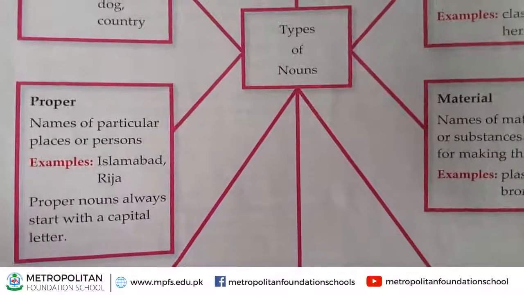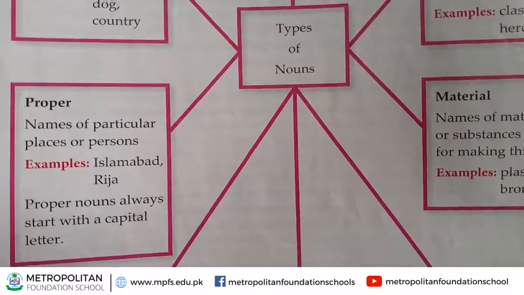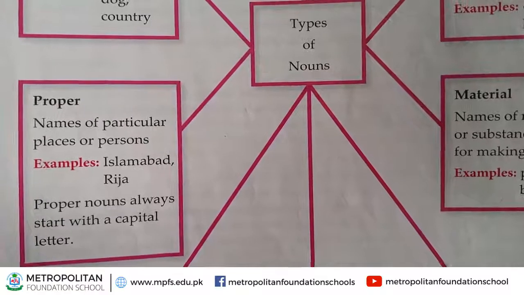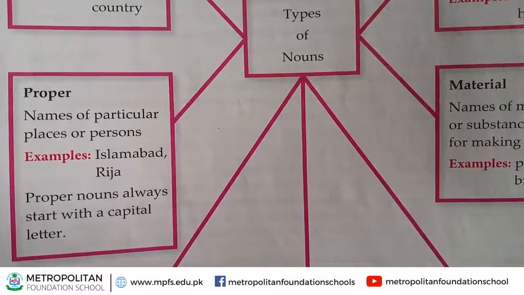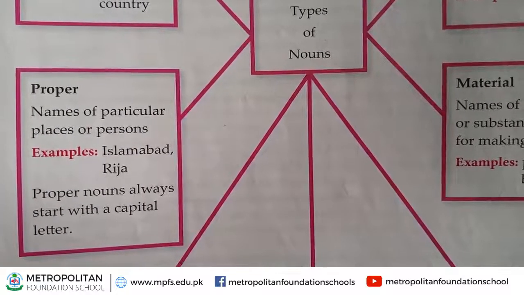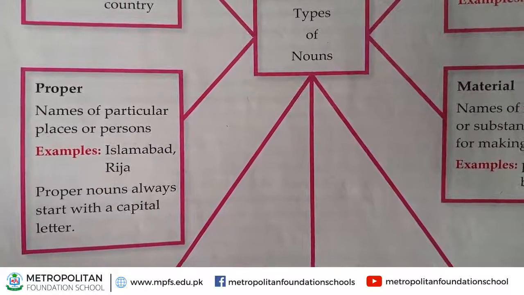So, proper noun: names of particular places or persons are called proper nouns. And a proper noun always starts with a capital letter. Be careful about it.